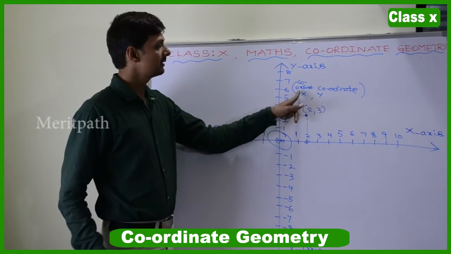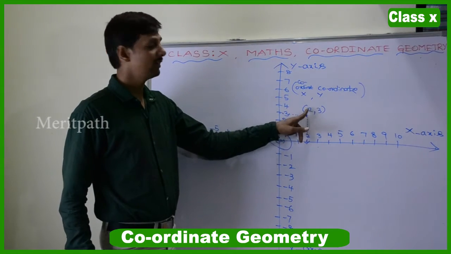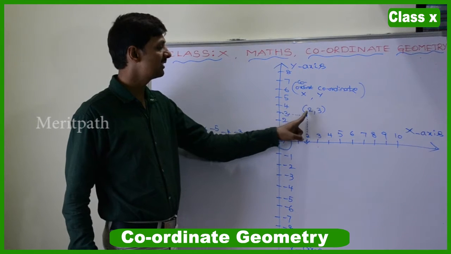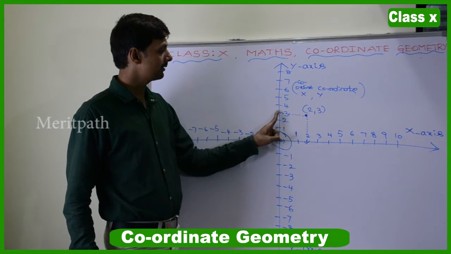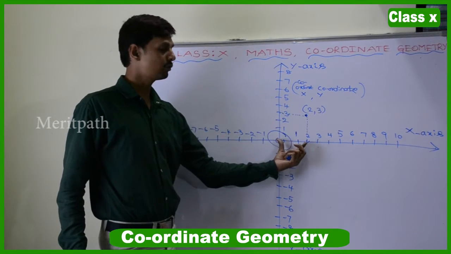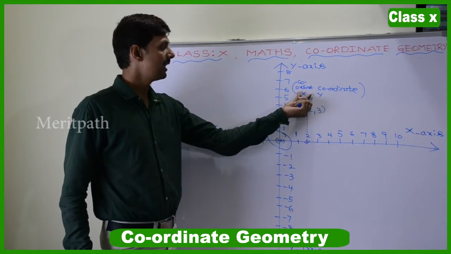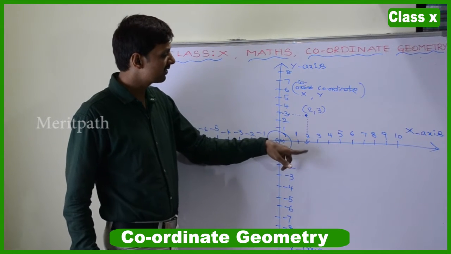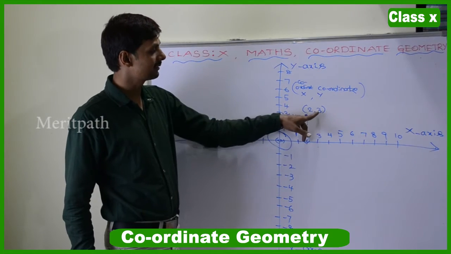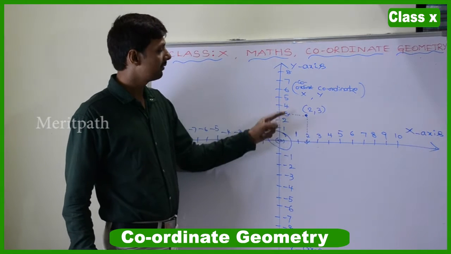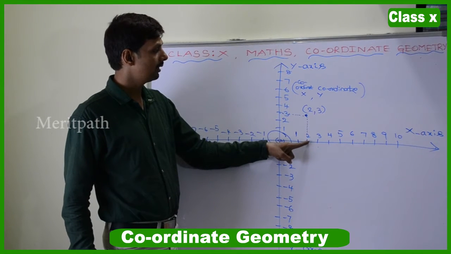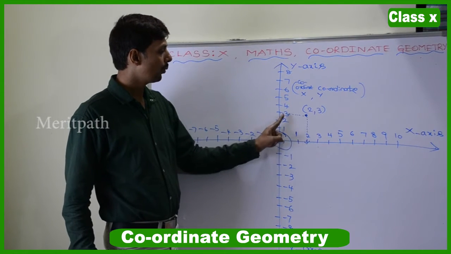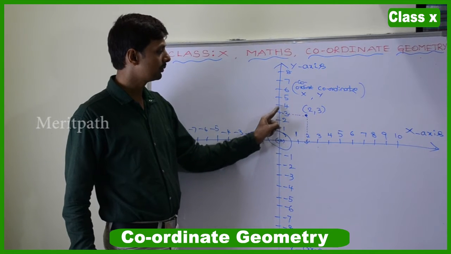This is the x-coordinate because it is the distance of the point from the y-axis, which is 2. And the distance of the point from the x-axis is 3. Here we can observe the distance from the x-axis is 1, 2, 3, so 3 units.